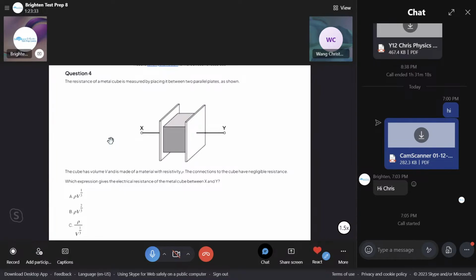I think so the resistivity times the V to the power of 1 over 3, and then over V to the power of 2 over 3. Okay, can you say that once more, please, Chris? The resistivity times V to the power of 1 over 3, and then that entire thing over V to the power of 2 over 3.